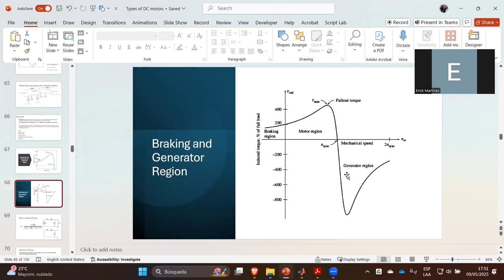For the induction motor, that happens when we surpass the synchronous speed, and basically we will have the following curve. Also, when you start braking, you need to produce a negative mechanical power in order to reduce speed or brake the motor, and this is basically the region on the left.